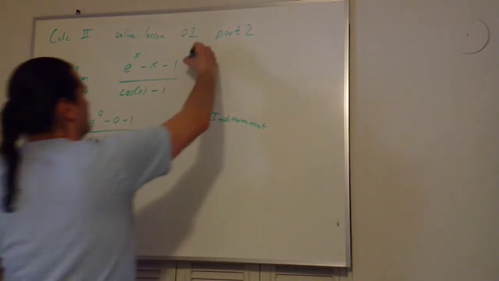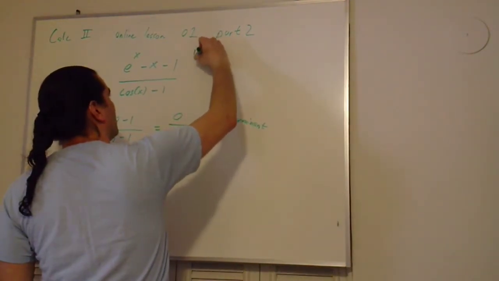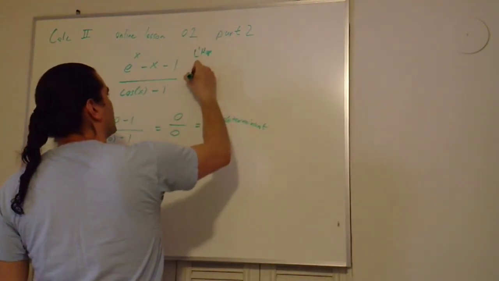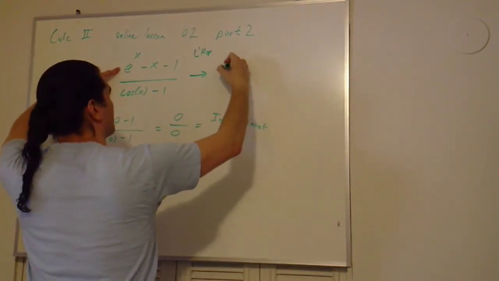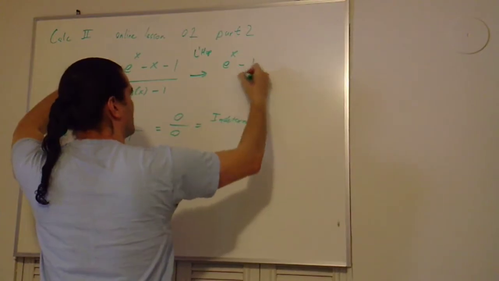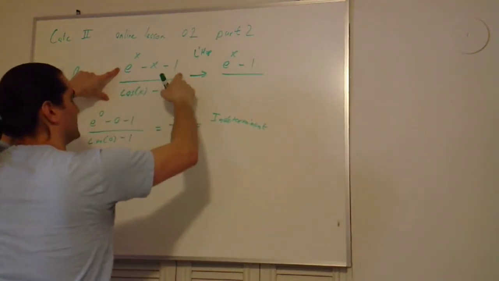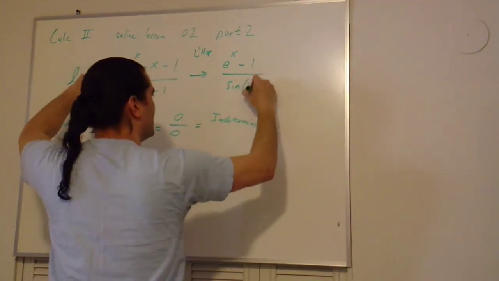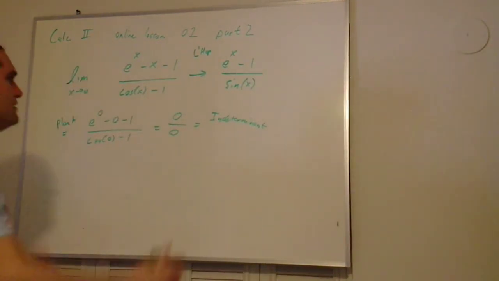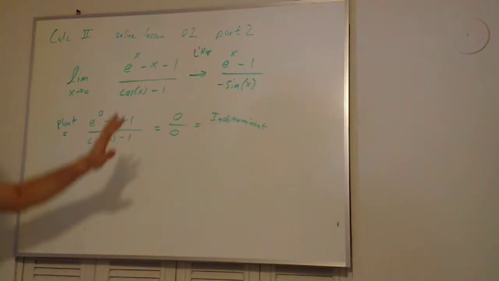There's no way you can simplify this. So, we're going to use L-hop to get the derivative of the top, which will be e to the x minus 0. Derivative of the bottom is going to be negative sine of x. Yeah, negative sine x.